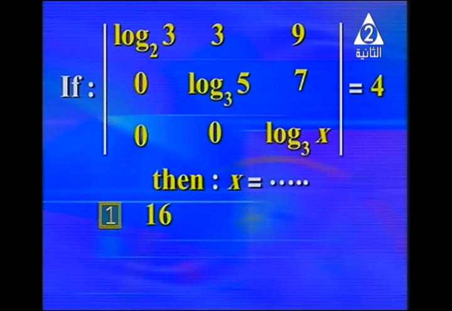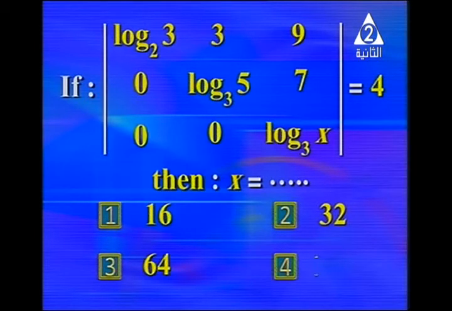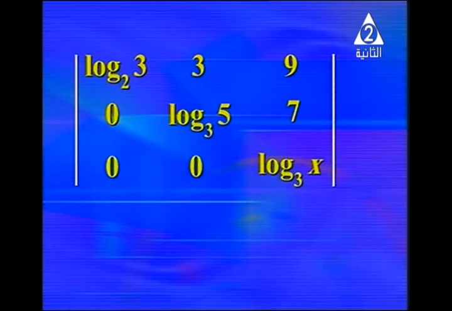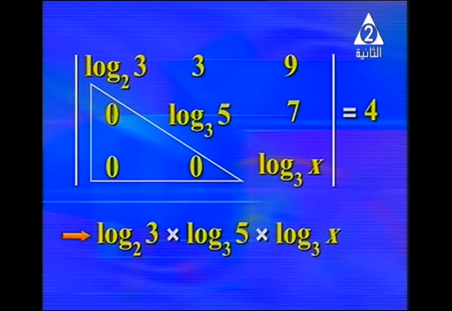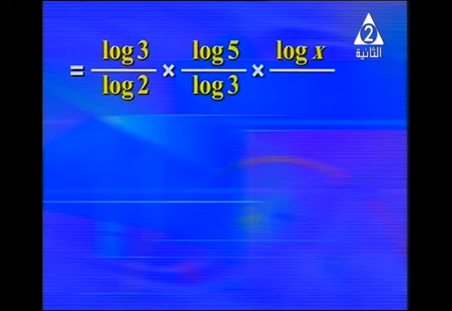Dear student, x equals 16 or 32 or 64 or 128. The answer of this determinant is the product of the main diagonal elements, which must be 4. What is log 3 base 2? Log 3 over log 2. Also log 5 over log 3, and log x over log 5 equals what? 4.